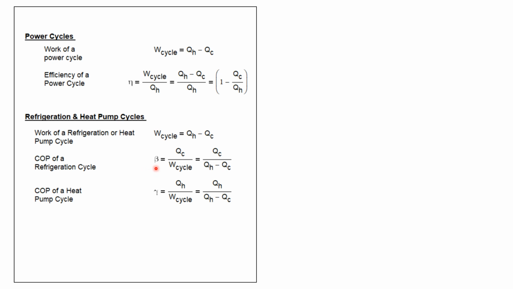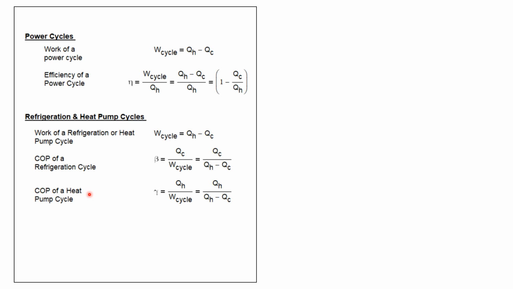We'll call it beta. And beta is simply what we want divided by what it costs us to get it. And in a refrigeration cycle, we're interested in keeping the cold side cold. So what we want is this heat transfer term QC. What it costs us to get it is the work that we have to put into the refrigeration cycle. And we can rewrite this as QC over QH minus QC.